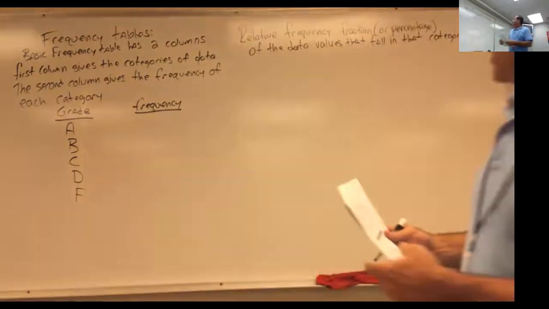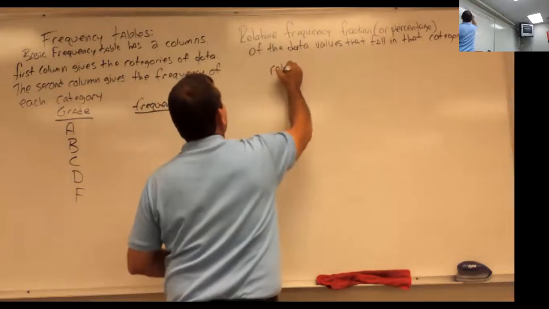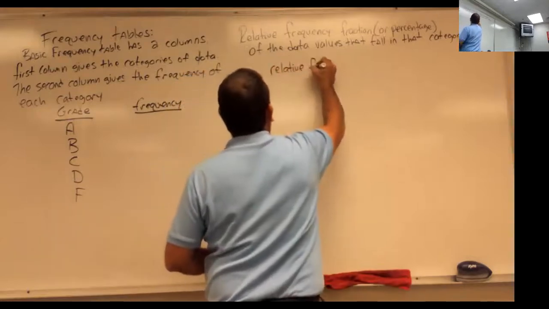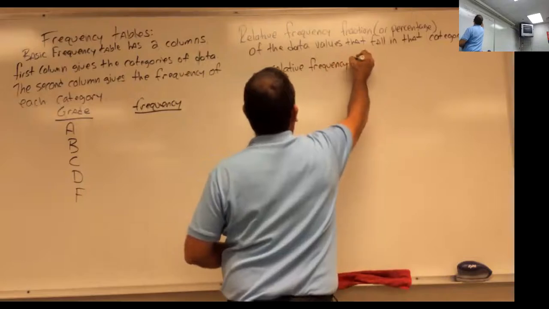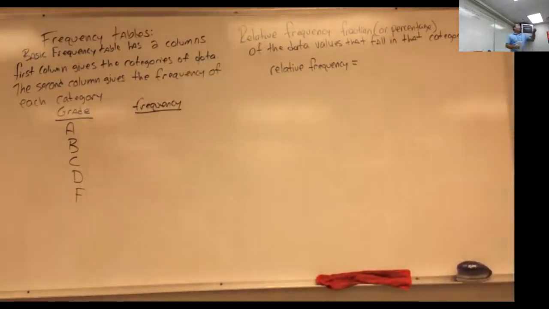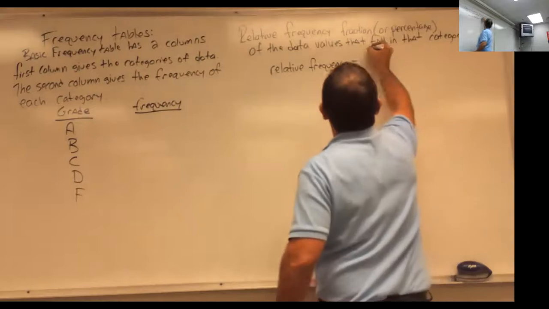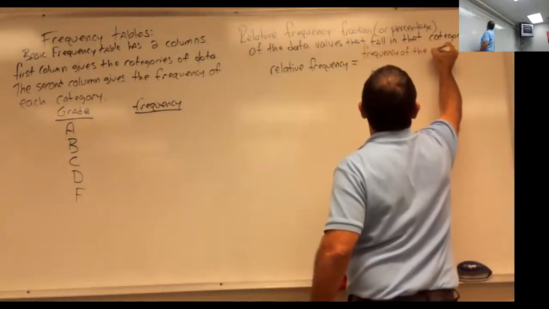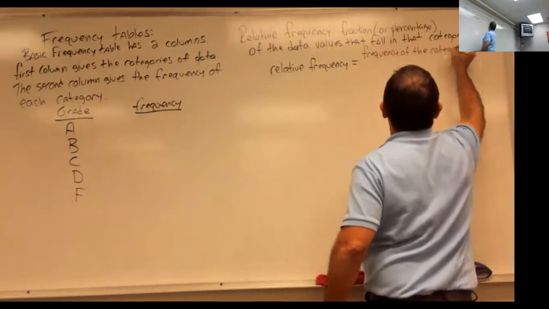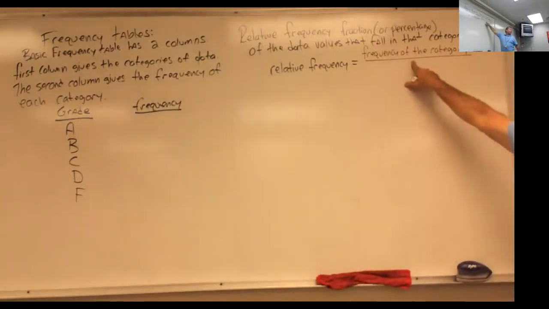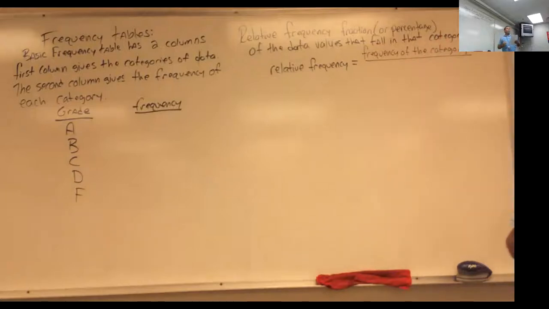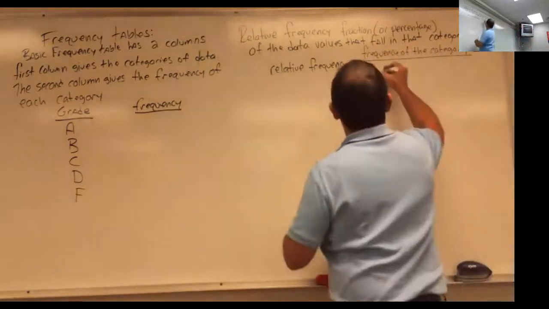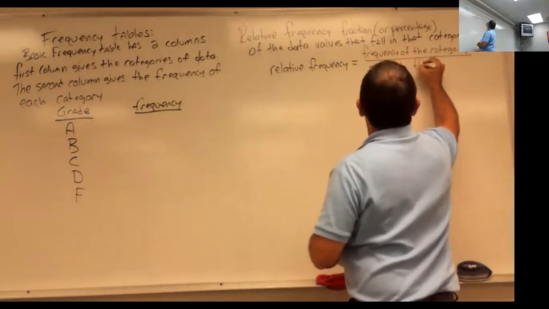To find our relative frequency, we're going to use this formula: the relative frequency equals the frequency of the category, which they mean all your A's, divided by the total frequency, which is the total number of test grades I had or whatever, okay?